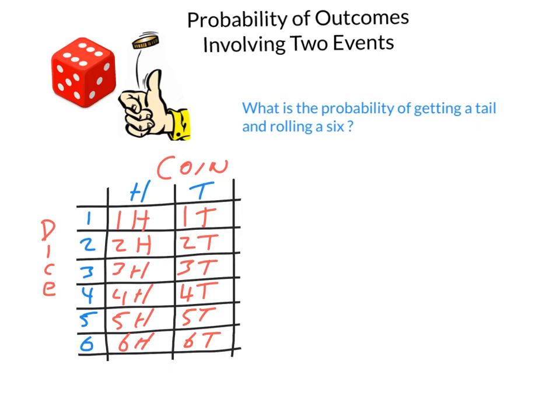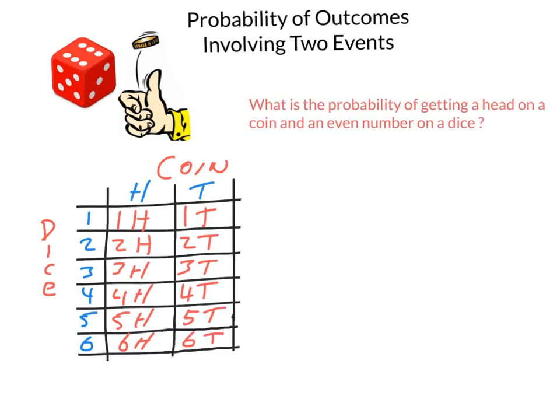So that gives us 12 possible outcomes. Now let's go back to the question. What is the probability of getting a tail and rolling a 6? Well, there's only one way that we can get a tail and roll a 6. So that gives us a 1 in 12 probability.